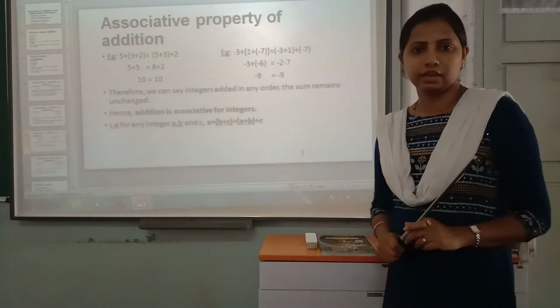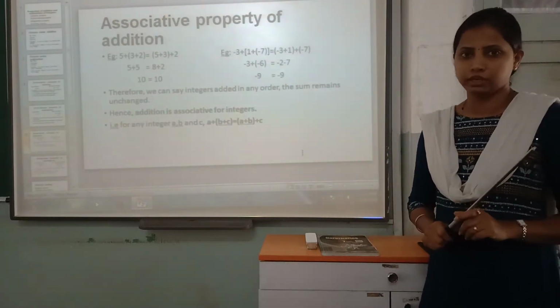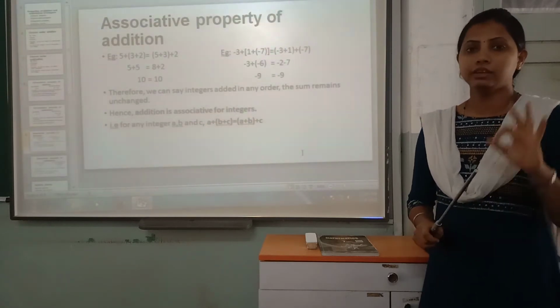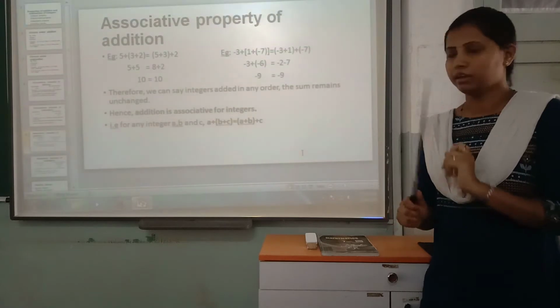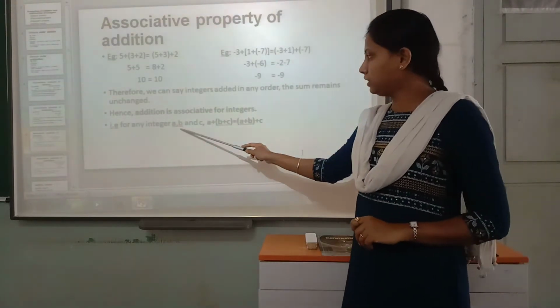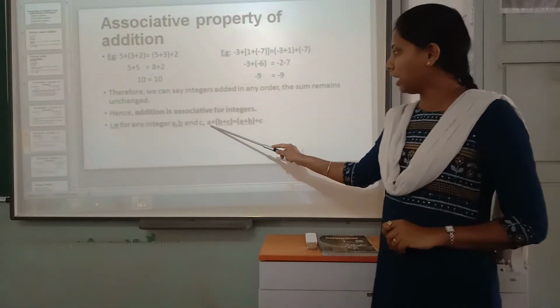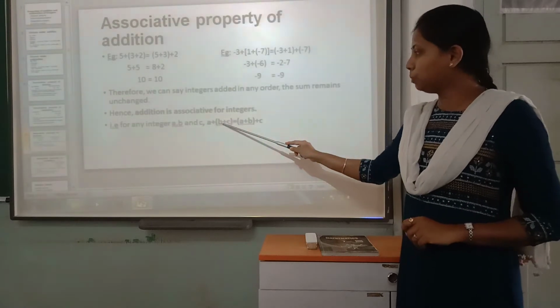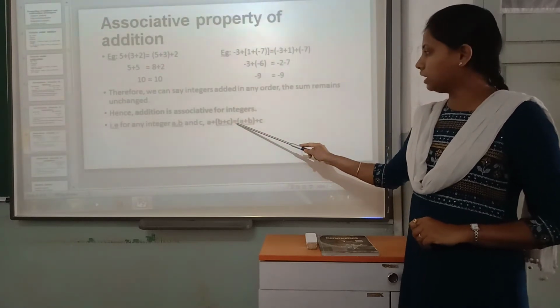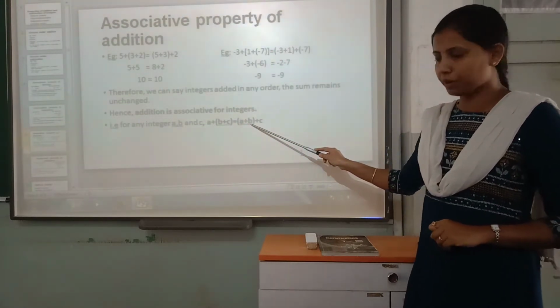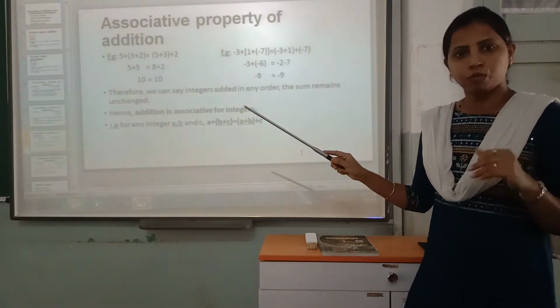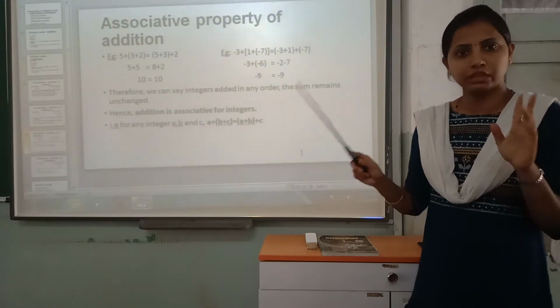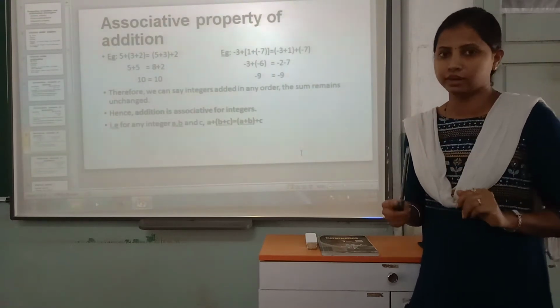associative property. The next one is associative property. So here you will get 3 integers, A, B, C. For any integers A, B and C, A plus (B plus C) is equal to (A plus B) plus C. So when you have 3 integers, firstly you have to add 2, then that sum we have to add to the third number.